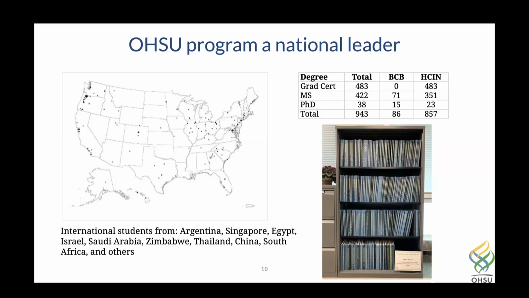And you also can see a picture of a bookcase that sits outside my office that actually has just a subset of the bound volumes of theses and dissertations and capstone projects, etc. We actually don't require these to be printed anymore, but the bookcase, and actually now there's currently a second bookcase right next to it, which is almost full, shows how productive our fellows have been.